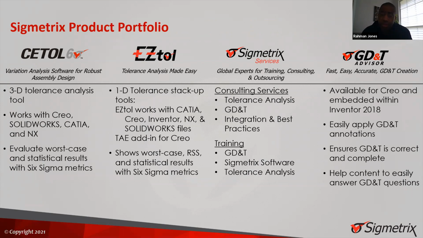EasyTol, which is our 1D tolerance analysis tool. And for PTC users, for Creo users, it's actually the Easy Tolerance Analysis extension, which is an embedded tool within the Creo environment, whereas CTOL works in tandem with your active session of Creo.